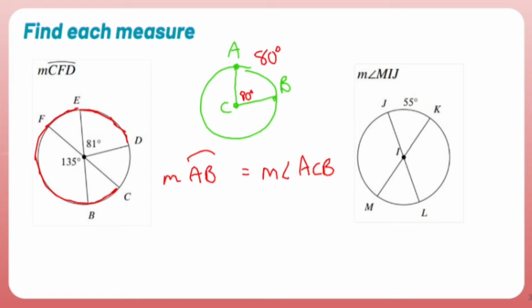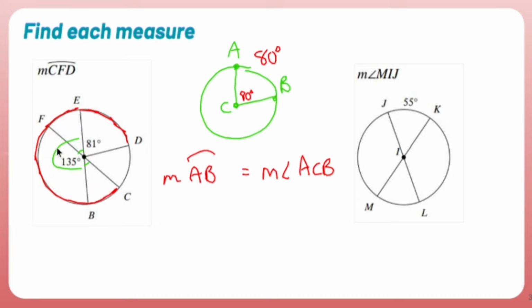Problem number 1. I don't know this angle, and I don't know this one. But what I do know is FC appears to be a straight line. And if FC is a straight line, then these two angles are going to be supplementary, which means they add up to 180 degrees.